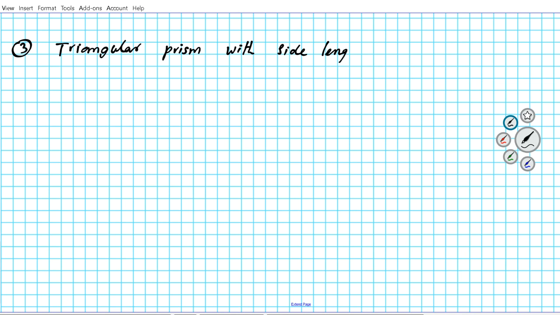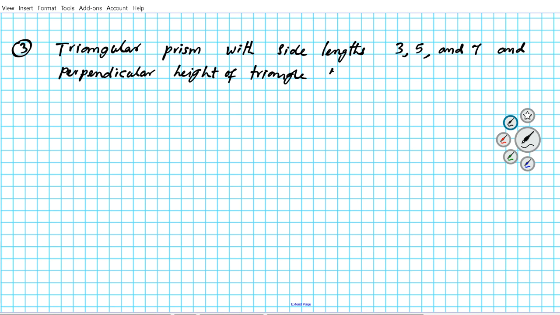All right, so let's take a look at one more example. So for number 3, let's say we have a triangular prism with side lengths 3, 5, and 7, and the perpendicular height of the triangle 4.